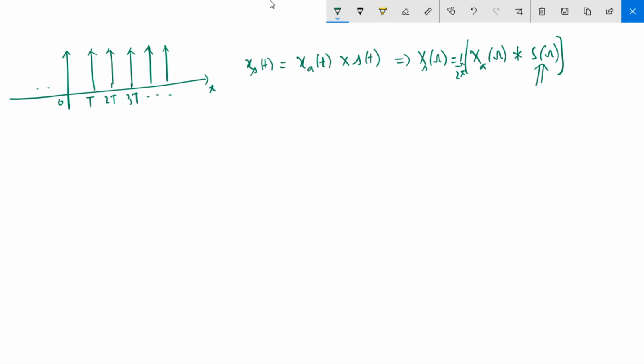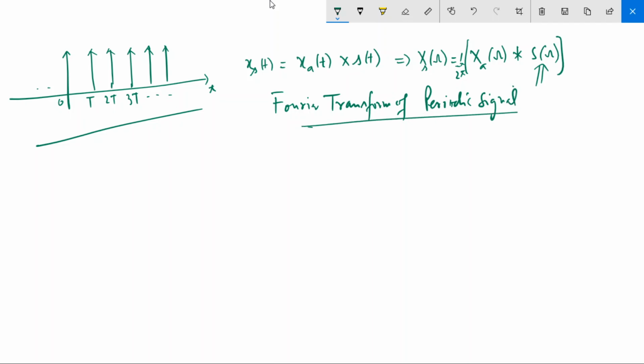So this is basically a periodic sequence. How can you find the Fourier transform of a periodic signal? Let me revise it: the Fourier transform of a periodic signal in continuous time.